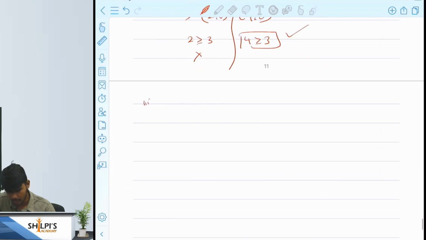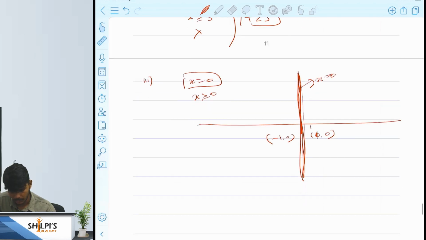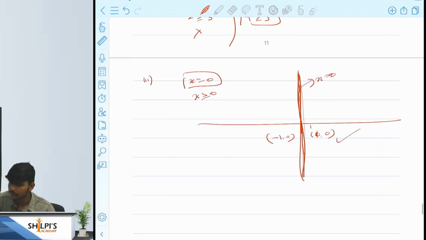Third one, if x equal to 0, where it will be here. This is the line x equal to 0 and I want to consider x greater than or equal to 0. If I put 1 comma 0 and minus 1 comma 0, which one will satisfy? This one.